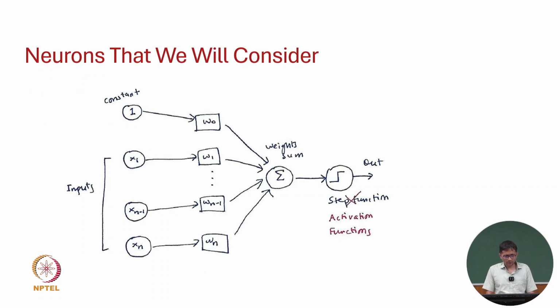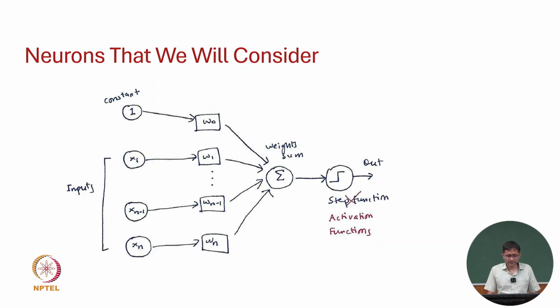One thing we would like to mention at this point before moving forward is that the neurons we are considering here are slightly different from the version of the perceptron we mentioned a couple of minutes back. How is it different?